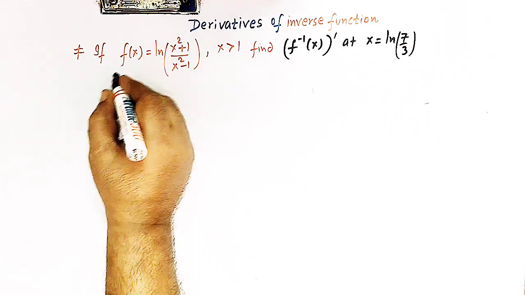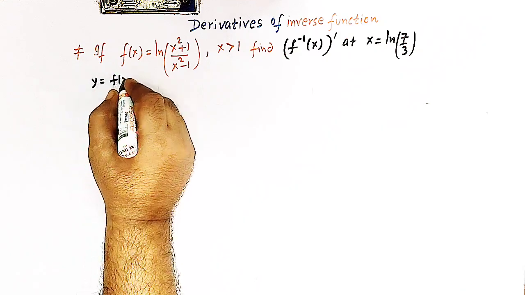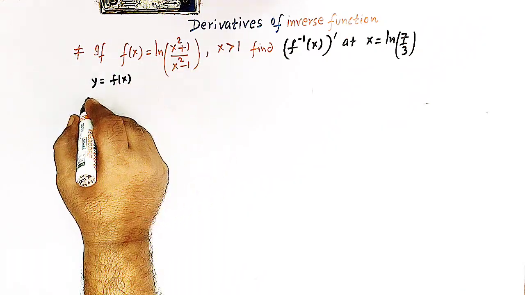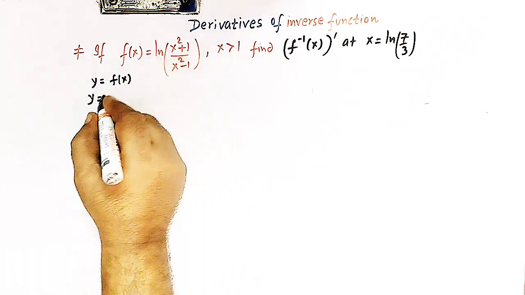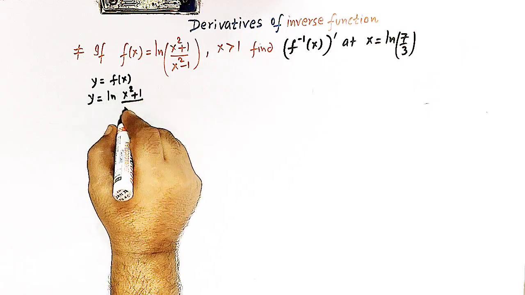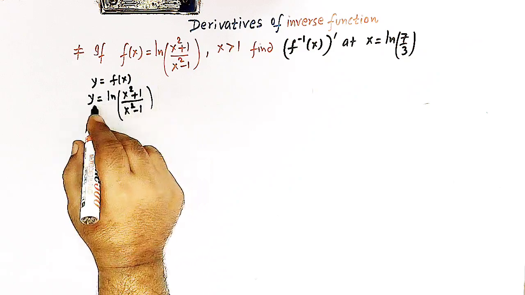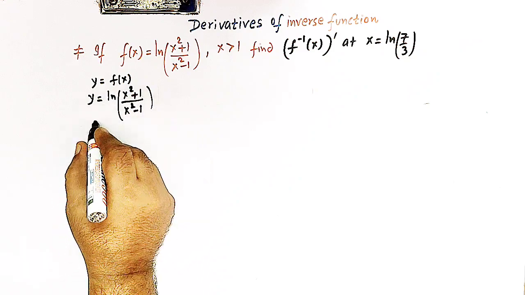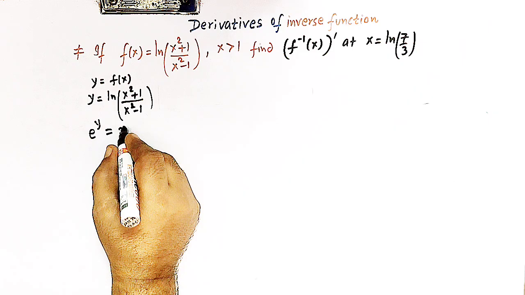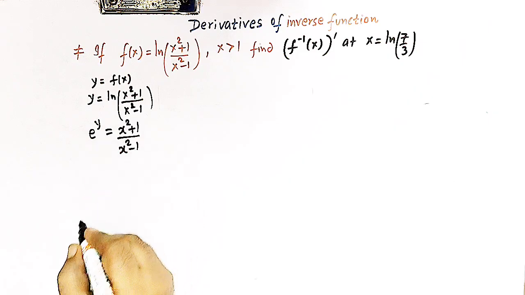So now let us take the function y is equal to f of x, and here we are given f of x as log of (x square plus 1) divided by (x square minus 1). So now this expression can be written as e raised to y is equal to (x square plus 1) over (x square minus 1).